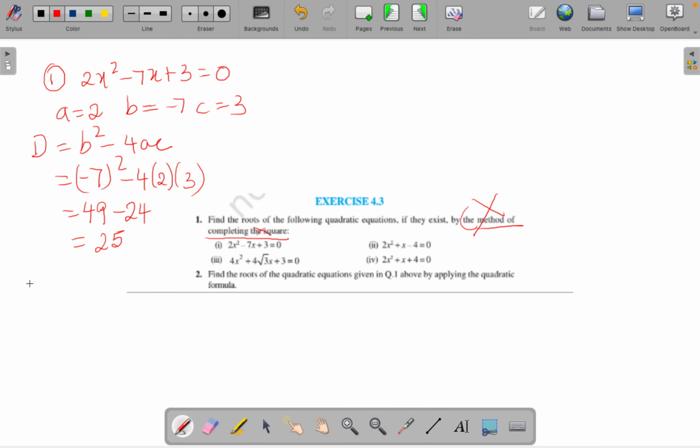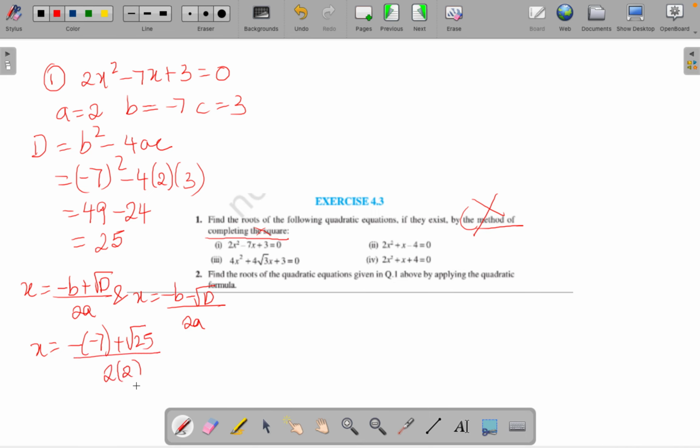So now, next formula. The value of x is minus b plus root D upon 2a, and also minus b minus root D upon 2a. So x is equal to minus of minus 7 plus root 25 upon 2 into a.